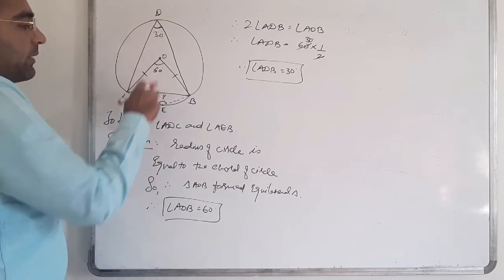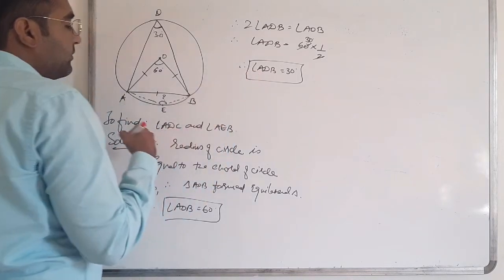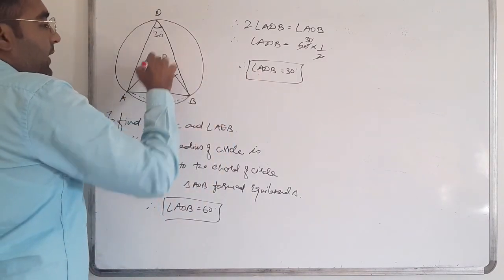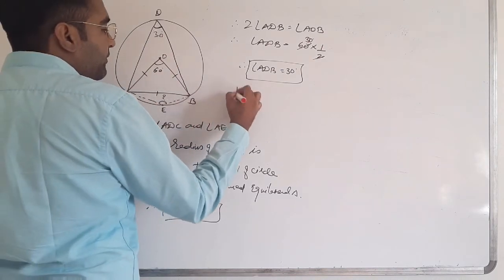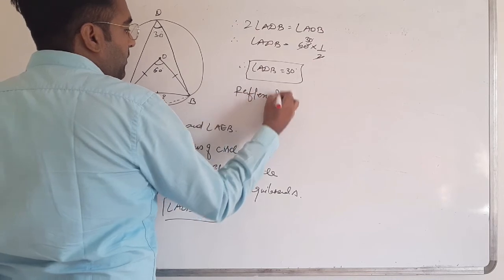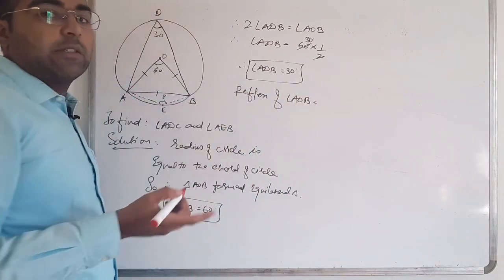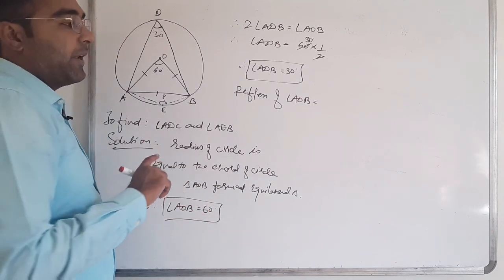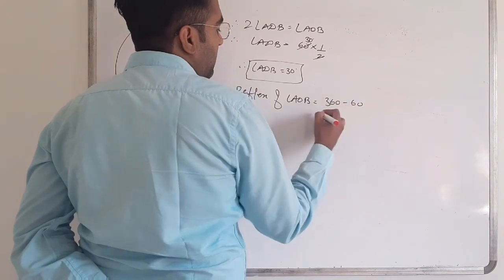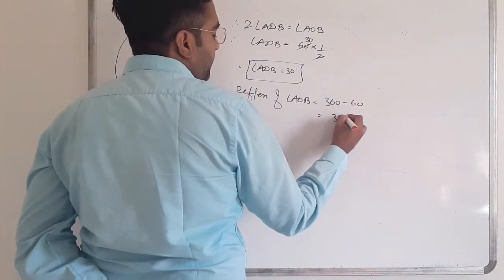Okay, now same kind, first of all we need to find the reflex of angle AOB. We know that a reflex angle is subtracted from 360 degrees. So 360 minus 60, that is 300.